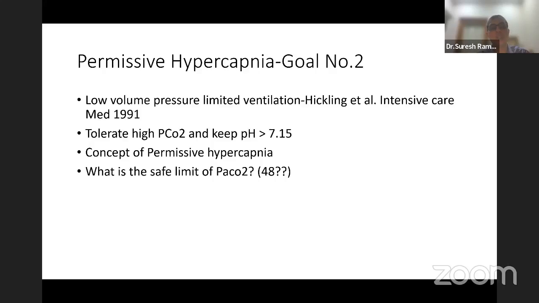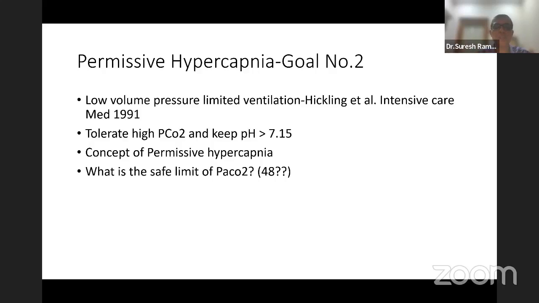In this, they tolerated a high PCO2, kept the pH more than 7.15, and they gave the concept of permissive hypercapnia: a low tidal volume, low volume pressure limited ventilation, allowing the PCO2 to rise, which is a consequence of the low tidal volume. Allowing the CO2 to go up is called permissive hypercapnia. So Hickling's publication in 1991 is what led to the understanding that volume trauma was important, so volume needed to be limited.